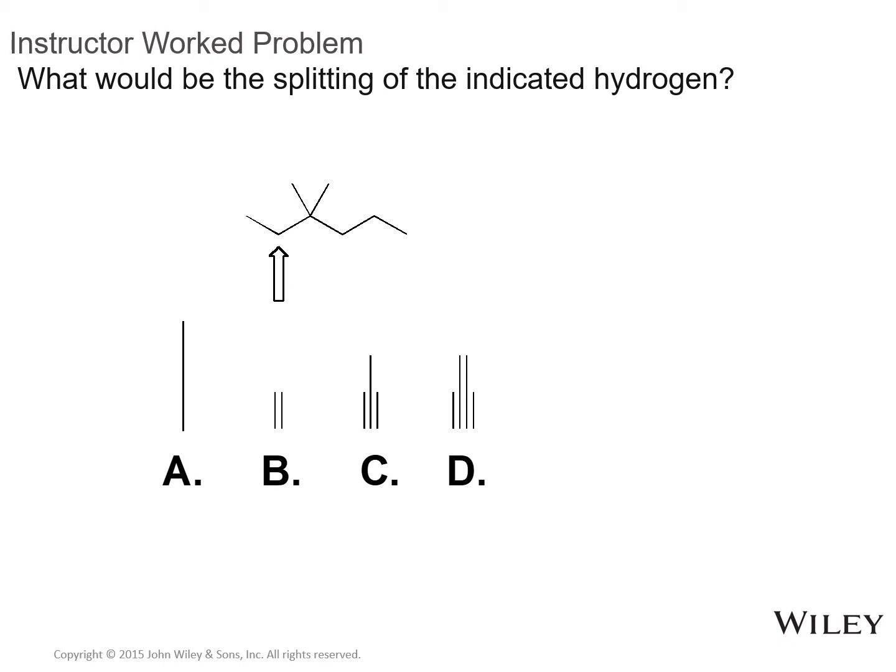You would look on all sides. On this side, I have a carbon with 3 hydrogens neighboring, so I'm neighboring with 3. Over here, I'm neighboring with none. So I should have n plus 1 equal 4. It should be a quartet. Don't get fooled by the fact that there are methyl groups here. Those hydrogens are too far away.